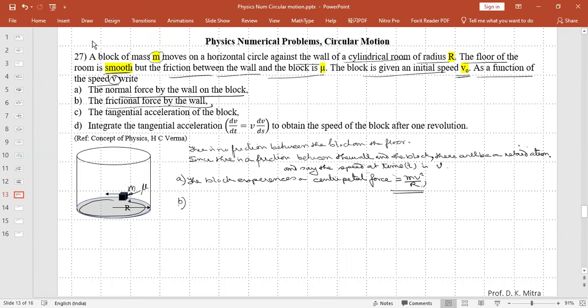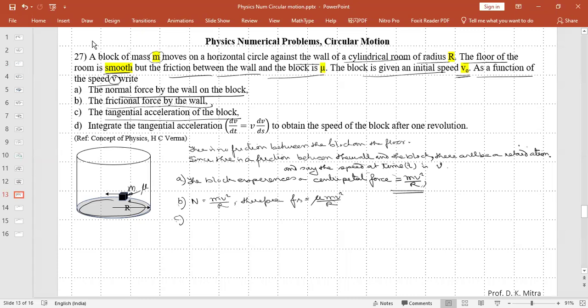Now, since the normal force is mv square by r, therefore frictional force Fs is equal to mu mv square by r. This is also done. Then they want the tangential acceleration of the block. Now, there will be a retardation.